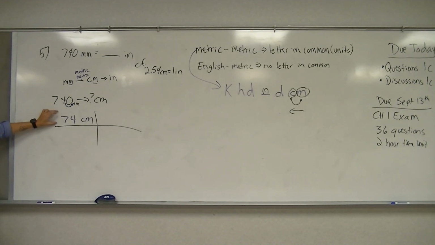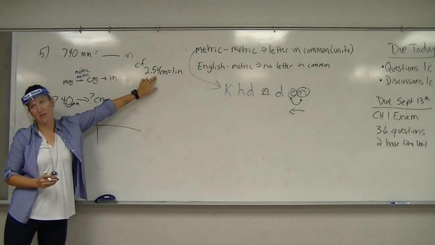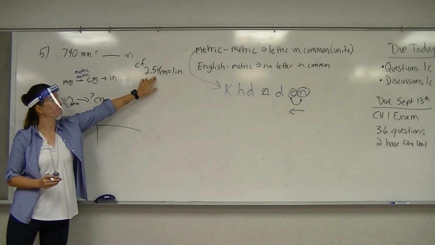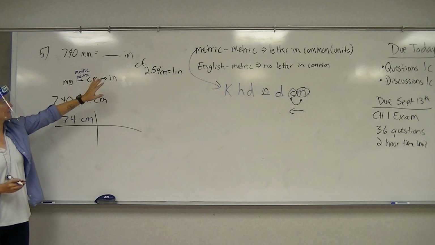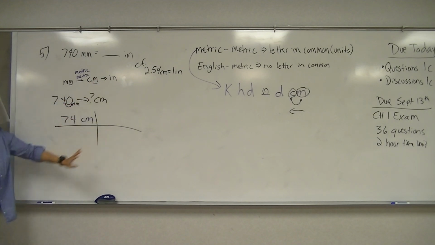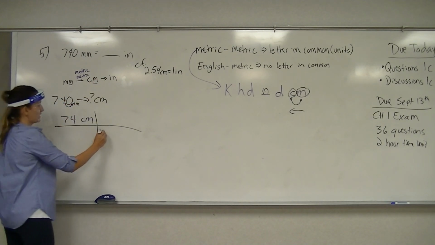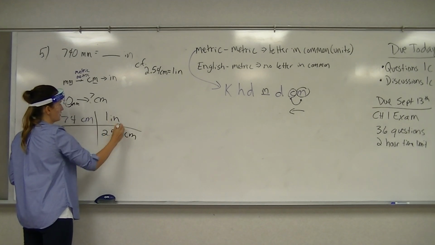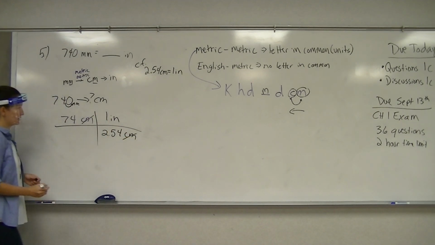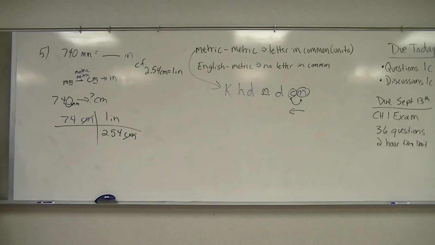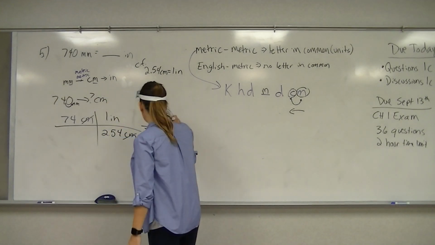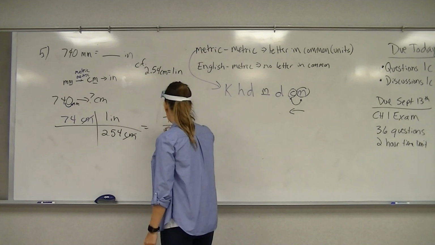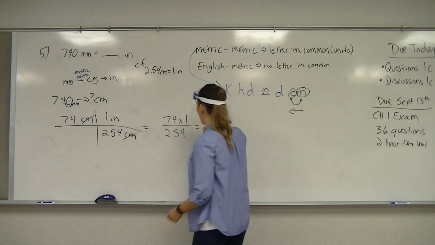And I need to start with this number in centimeters so that I can cancel out the centimeters in my conversion factor. So do I want the centimeter portion on the top or the bottom? Bottom, we want it to cancel, so it needs to be on opposite sides of that horizontal line. Centimeters, centimeters. So this time I'll be dividing. Okay, so I'm going to be taking 74 times 1 divided by 2.54.